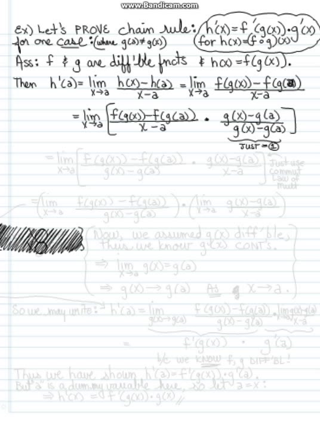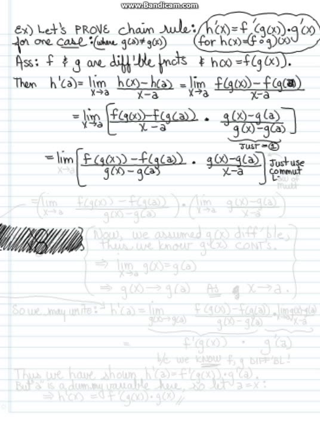So here we're just going to swap the position of the denominators, and we get the limit as x approaches a of f of g of x minus f of g of a over g of x minus g of a times g of x minus g of a over x minus a. And as I said earlier, that's just an application of the commutative law of multiplication. Okay, so now we're going to distribute the limit.